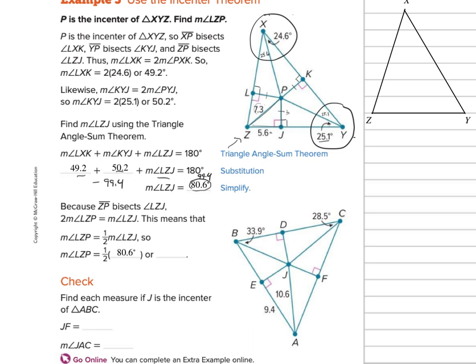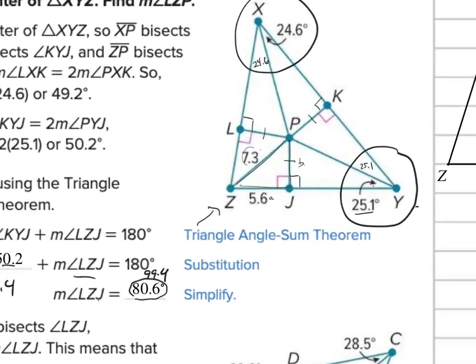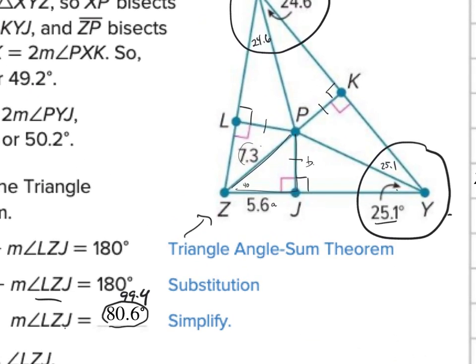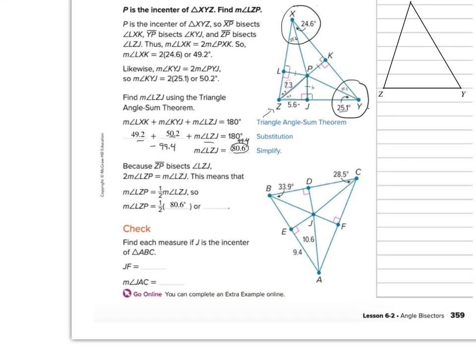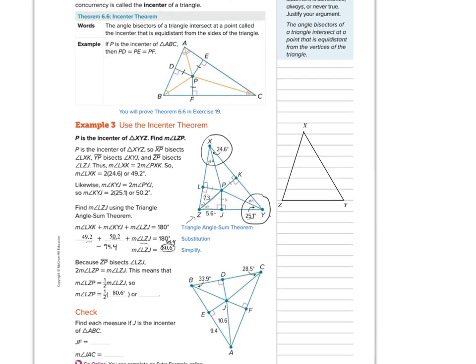And then, let's see, what else do we know? If this is 80.6 degrees, then this is 40.3, because the entire thing was 80.6. And there you go, using the information we have available to us.